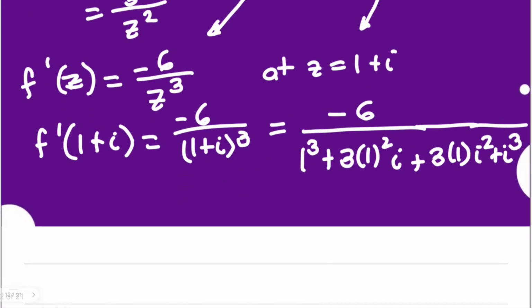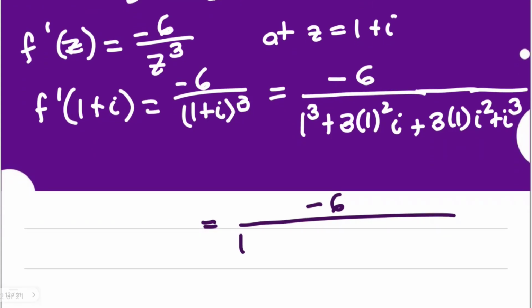So you have negative 6 all over 1 cubed, which is 1, plus 3 times 1 squared, which is 3, so you have 3i, plus 3i squared, plus i cubed.